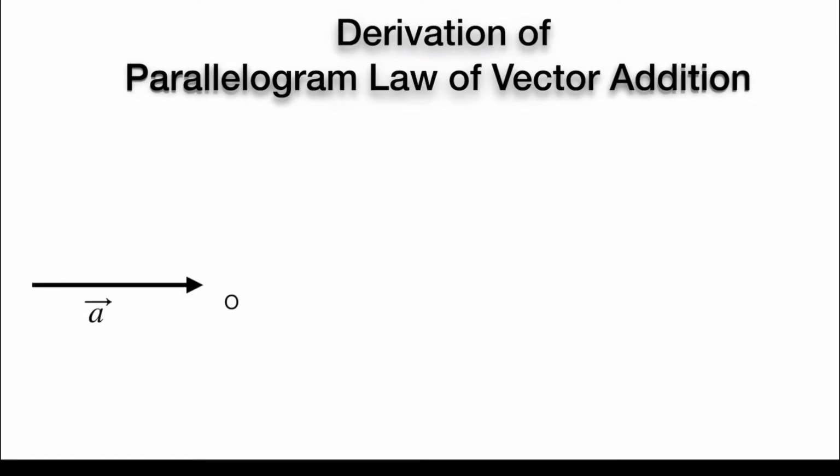There are two vectors, vector A and vector B. These vectors may represent a vector quantity like force, acceleration or velocity.